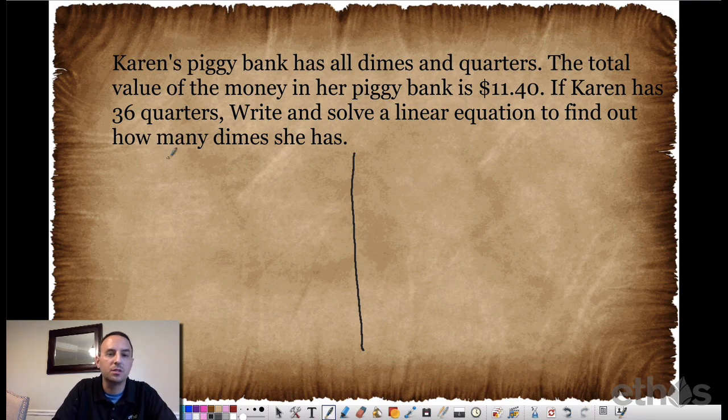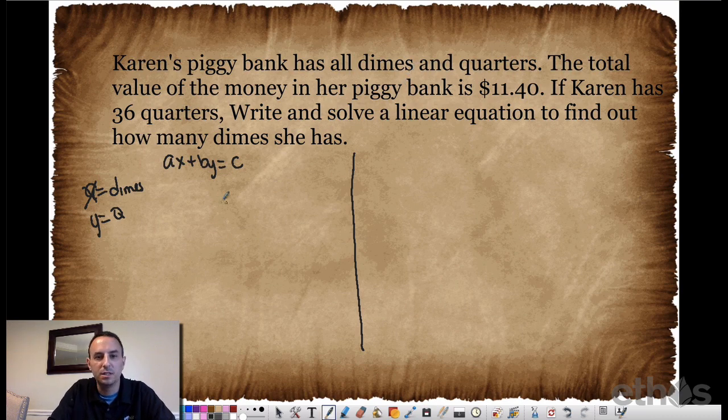So I'm going to start with standard form over here, ax plus by equals c. And I'll say, okay, she has dimes and quarters. So we'll say x equals dimes, y equals quarters. So I don't have numbers, but I do in the terms if you think of, okay, what's the value? Since that's what I'm looking for in C. C is value.